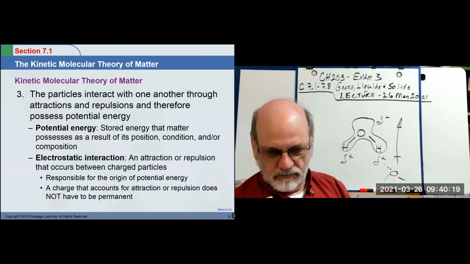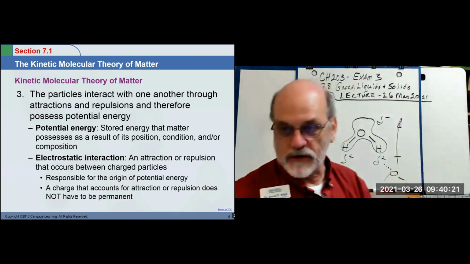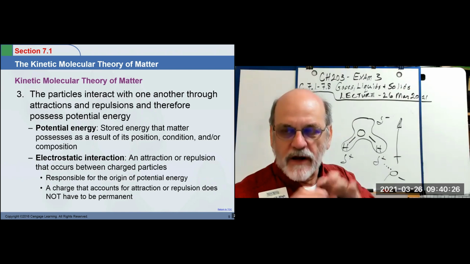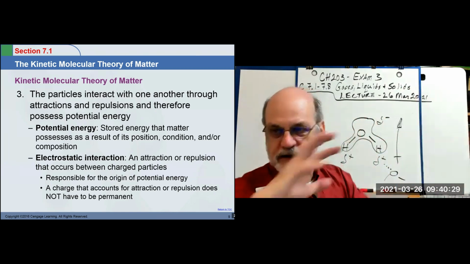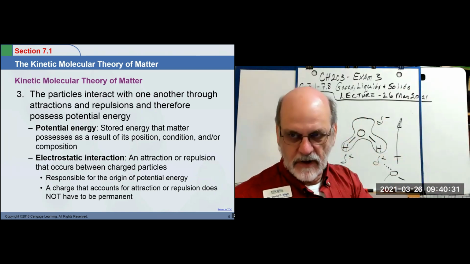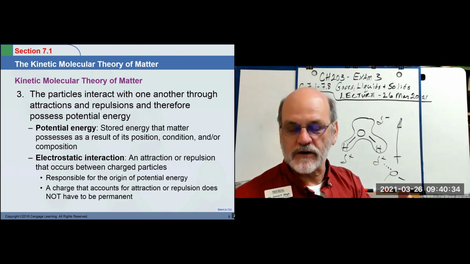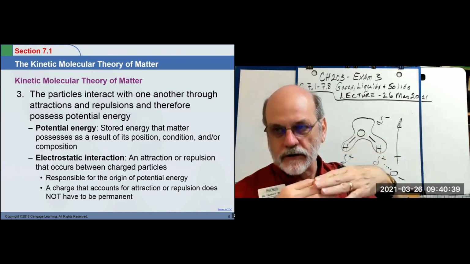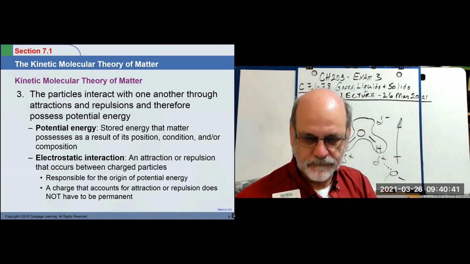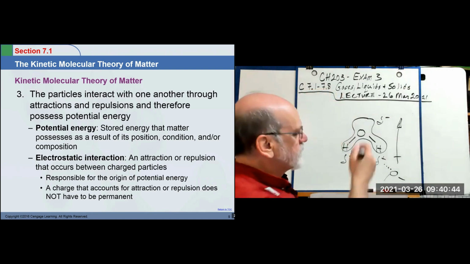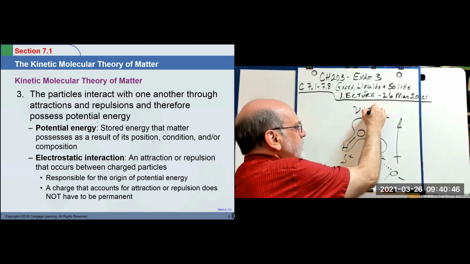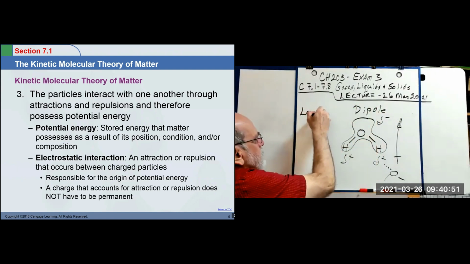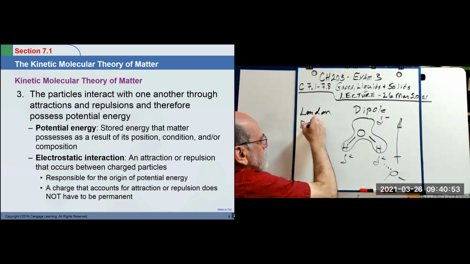And we won't beat that horse right now, but just recognize that there are always shifting electron densities which give small changes in charge that can be used by molecules to form attractions. So this is a dipole. I might as well just name the other one. The others are called London dispersion.